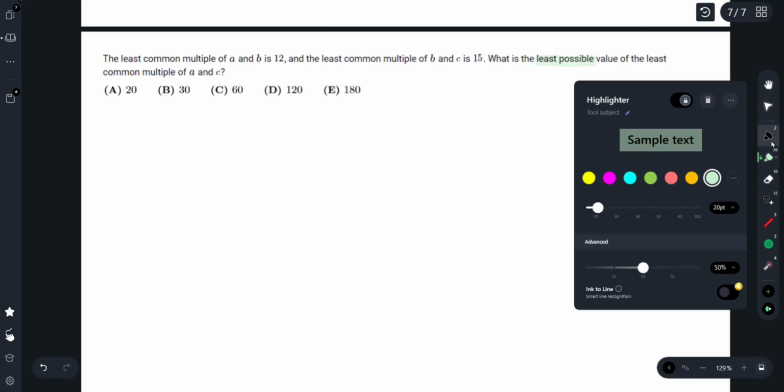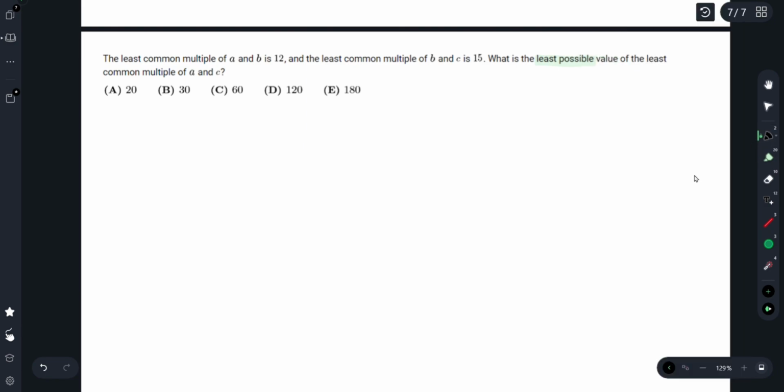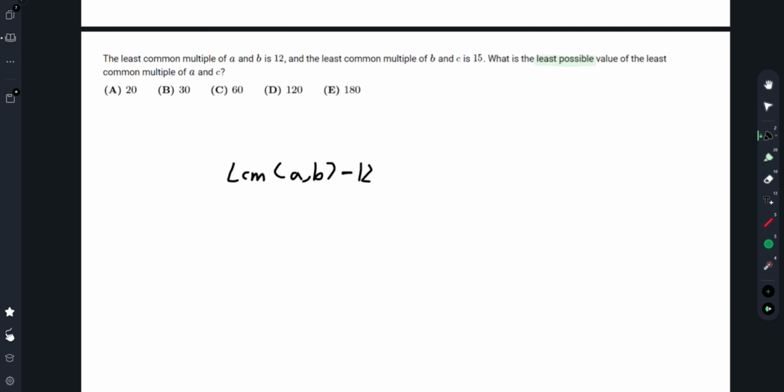Well, let's see first. In the first line, we can conclude that the least common multiple of A and B is equal to 12. And we also know that the least common multiple of B and C is equal to 15.